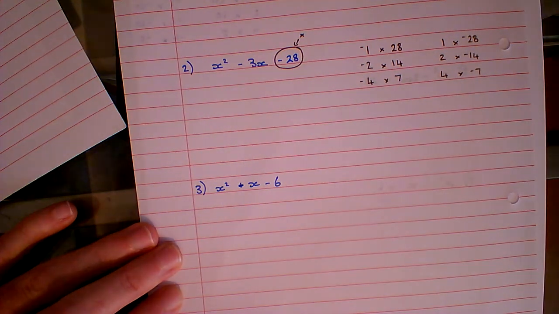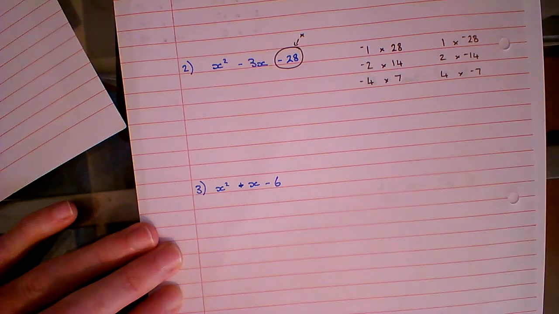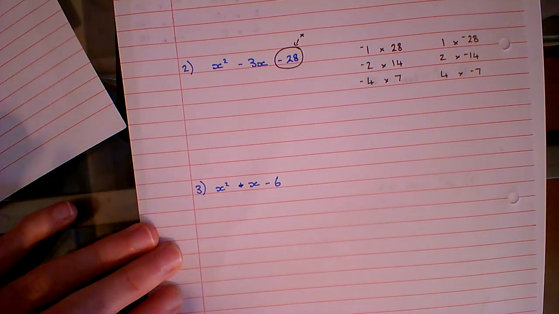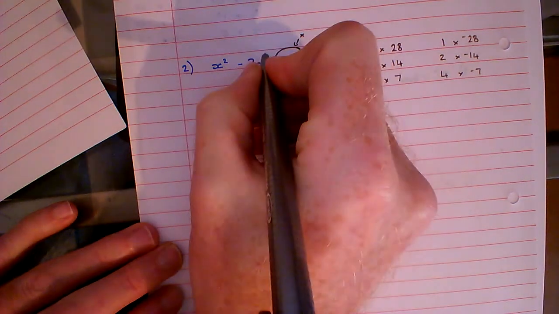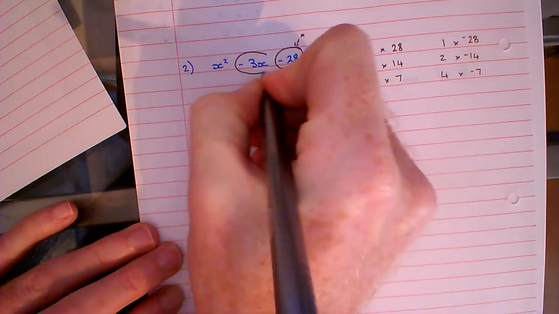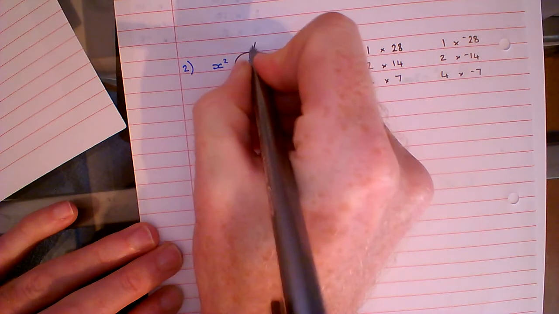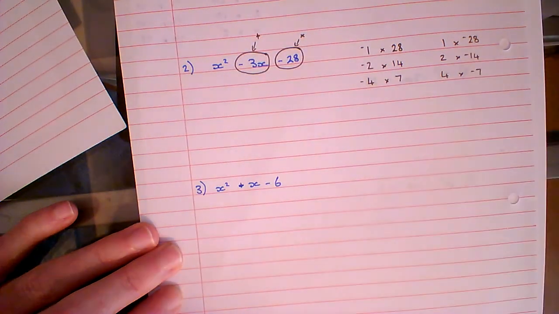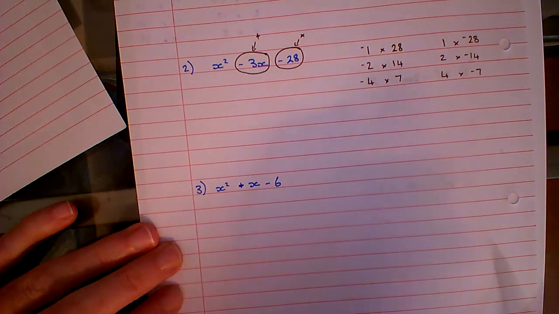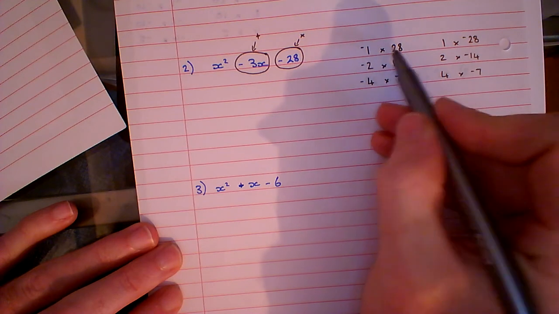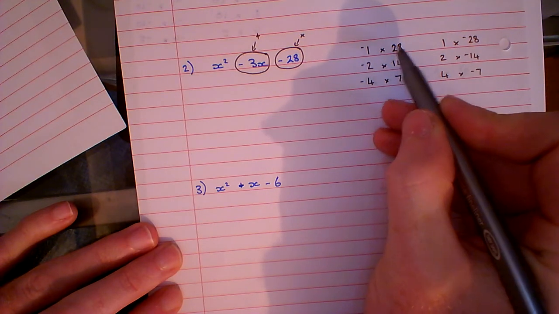So it is really important that you write down everything, because it does make a difference when we're adding numbers together which one is positive and which one is negative. Okay, so minus 3x. I am looking to add one of these pairs of numbers together to make minus 3. Negative 1 plus 28, that's 27.